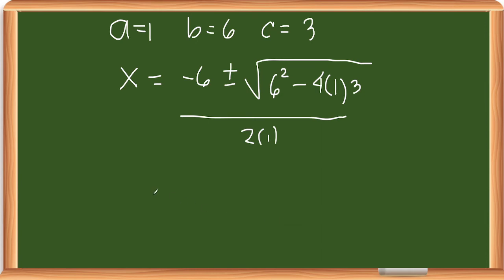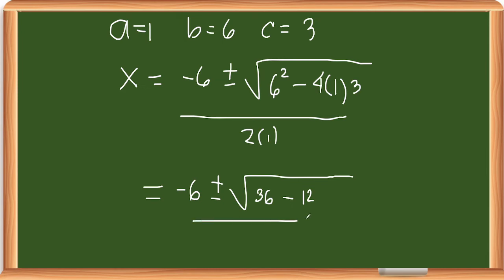Okay. So therefore, we have here negative 6 plus and minus the square root of 36 minus 12.